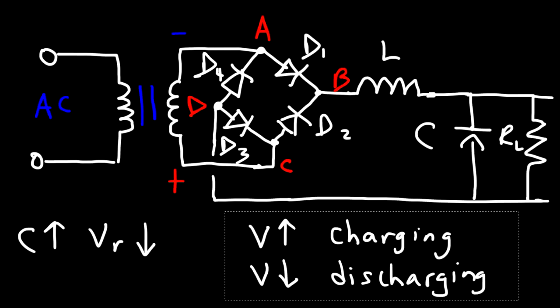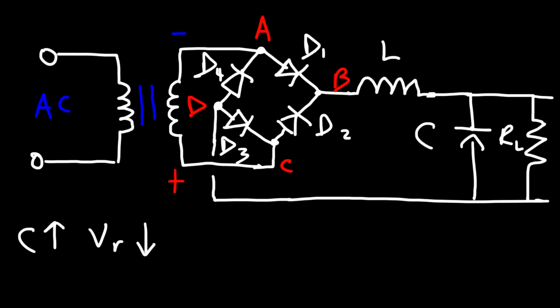The inductor has the same effect, but rather than with voltage, it's with current. When the current goes up, the inductor will oppose this increase in current, and it does so by absorbing energy and storing it in its expanding magnetic field. When the current goes down, the magnetic field produced by the inductor collapses, and in that process, the inductor releases its stored energy back to the circuit, thus supporting the falling current.